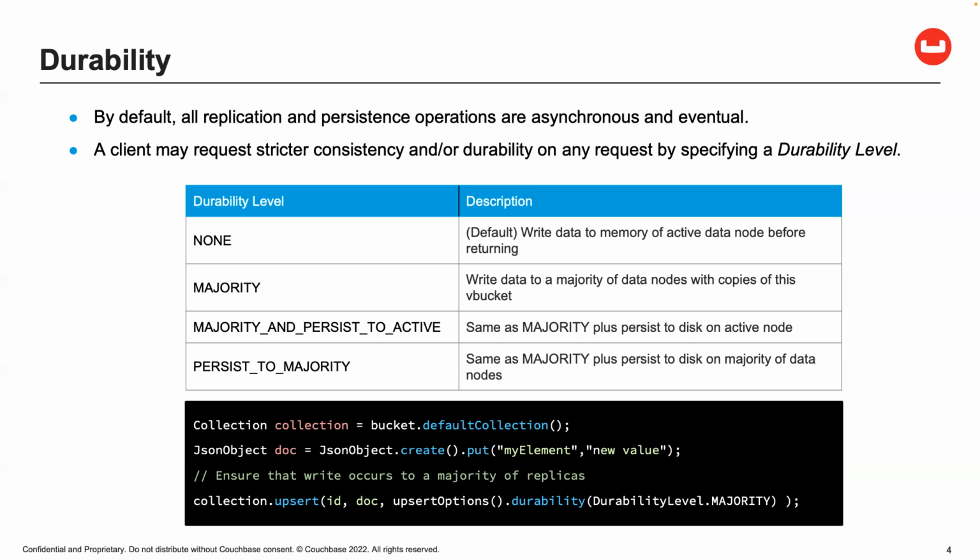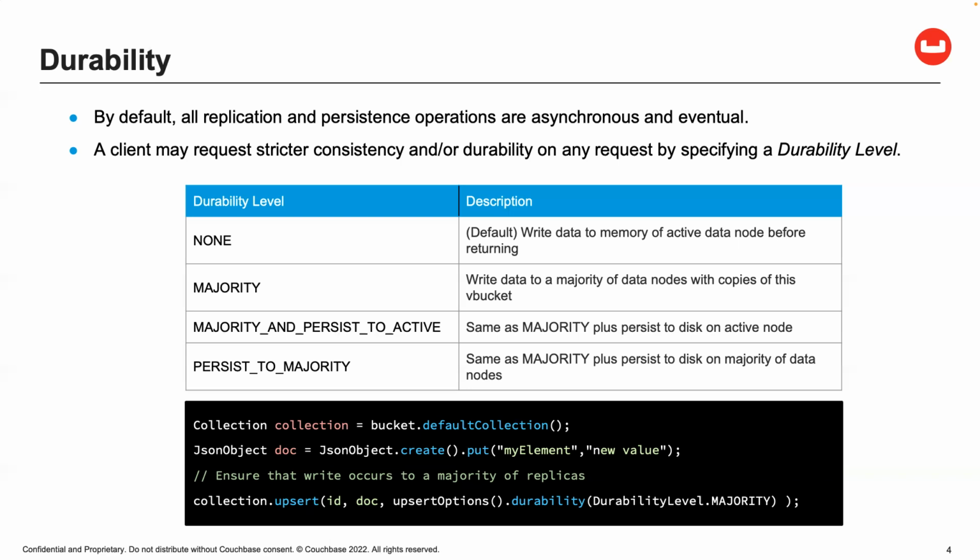The next level is called majority and persist active. In this case, the mutation must be replicated to a majority of the data service nodes, and additionally, it must also be persisted, that's written and synchronized to disk, on the node hosting the active vBucket for that data. This is, of course, because you're interacting with the disk data copy, so it's only supported on Couchbase buckets.